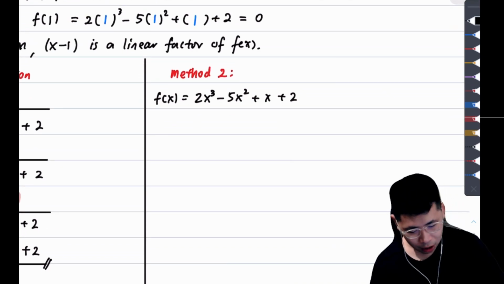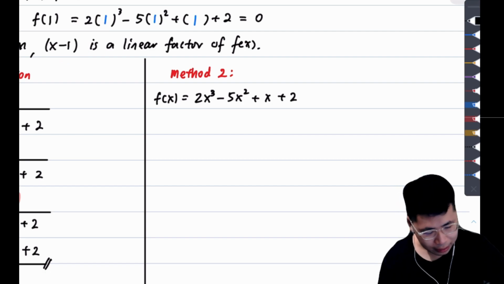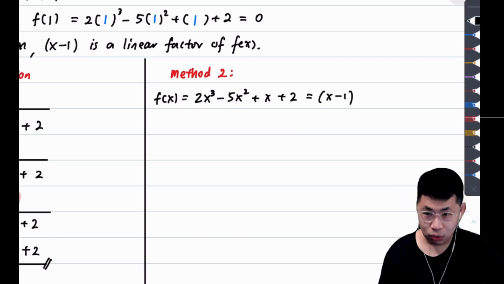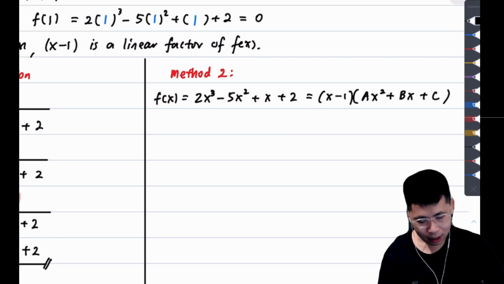Now because previously x minus 1 is a factor, I can express this as x minus 1, something of degree 1, multiplied with something of degree 2, so ax squared plus bx plus c. Why?